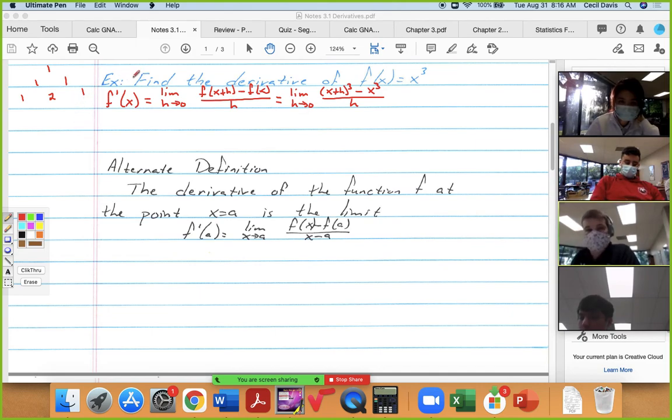Notice if I had x plus h squared, it would be x squared plus 2xh plus h squared, right? So the next step, this is 1, 3, 3, 1. That tells me the coefficients if I'm cubing it. If I was raising it to the 4th power, it'd be 1, 4, 6, 4, 1.